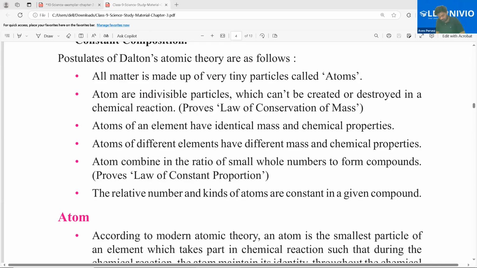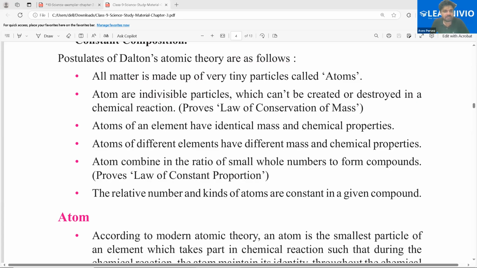Atoms of the same element have the same mass and the same chemical properties. Atoms of different elements have different mass and chemical properties. Atoms combine in a ratio of small whole numbers to form compounds. The relative number and kinds of atoms are constant in a given compound. Okay.